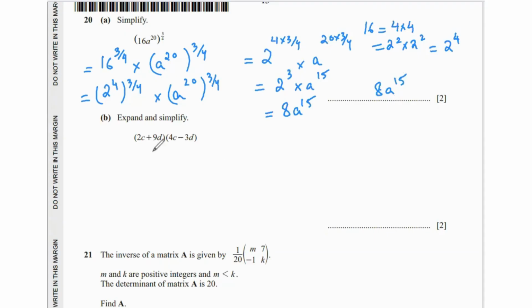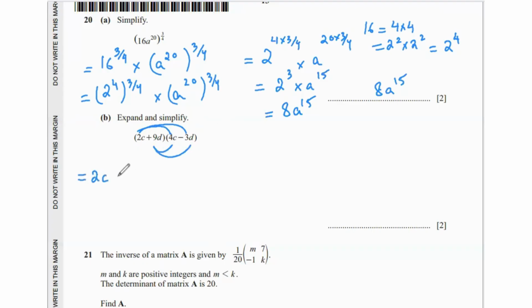That's your answer. Then it says expand and simplify. Whenever we have double brackets being multiplied, we multiply the first term with both the terms inside the second bracket, and then the second term in the first bracket with both the terms inside the second bracket.